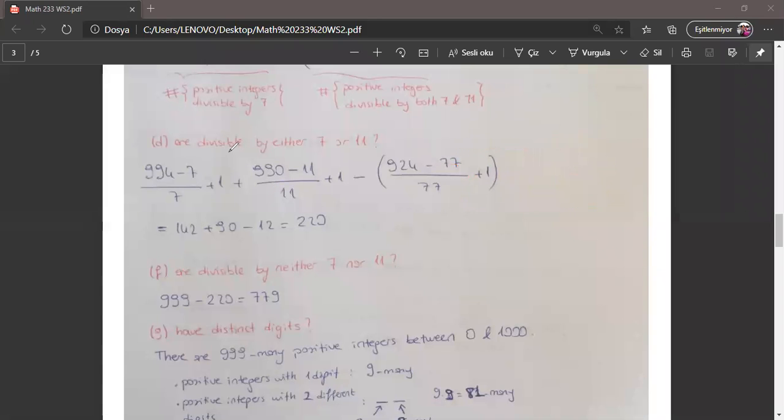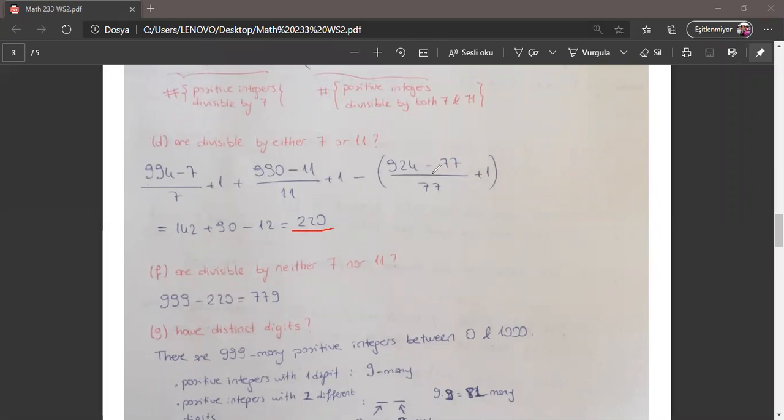Now we want them to be divisible by either 7 or 11. As before, this gives the number of elements divisible by 7, this gives the number of elements divisible by 11, and this gives the integers divisible by both 7 and 11. When we compute this and this, we count the numbers divisible by both 7 and 11 twice.